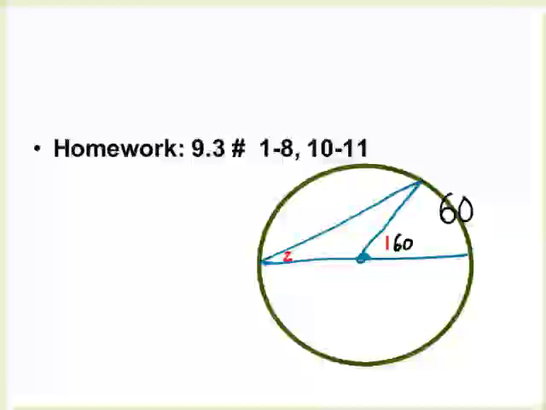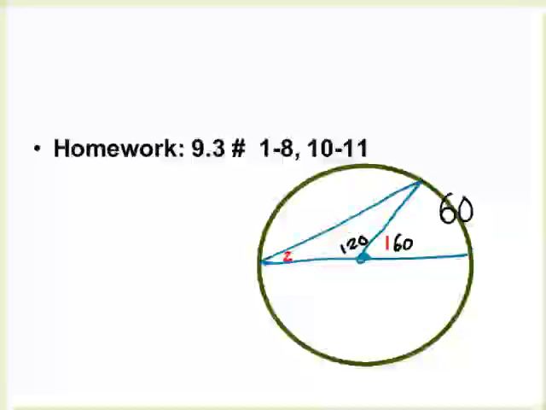We do not have a name for angle 2 or a special rule about angle 2 from today, so now we need to do some calculations. So what could I do to try to work my way over to figuring out what angle 2 is? Okay, so right next to it I can do 180 minus that 60, and I know that has to be 120. How can I work my way back to angle 2?